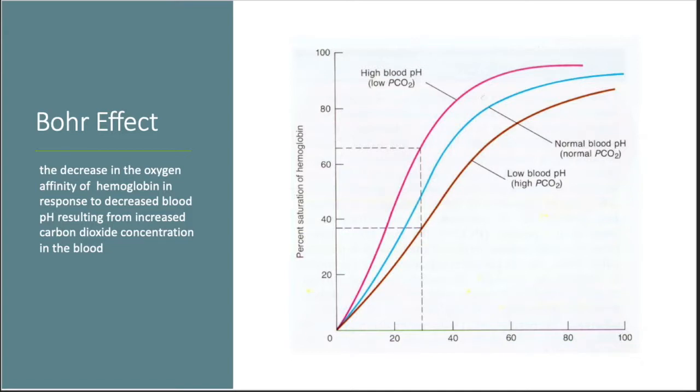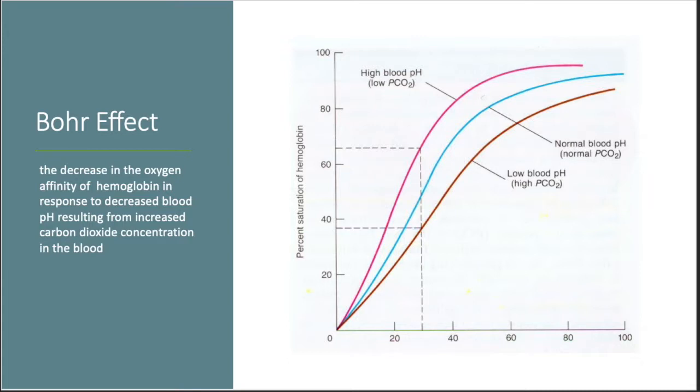Now, the burning sensation indicates that there's a lack of oxygen to the tissues, and as the pH becomes more acidic, the hemoglobin's affinity for O2 decreases and the curve shifts to the right. And that means more oxygen will be delivered to the tissues. Hence, vice versa. If you're more sedentary, the curve will shift to the left.